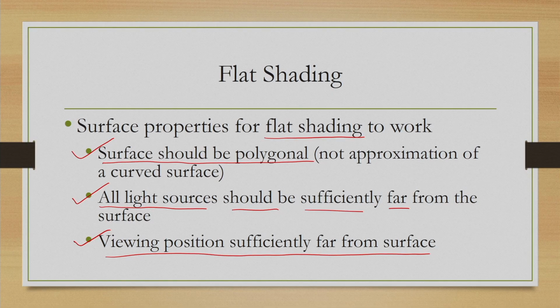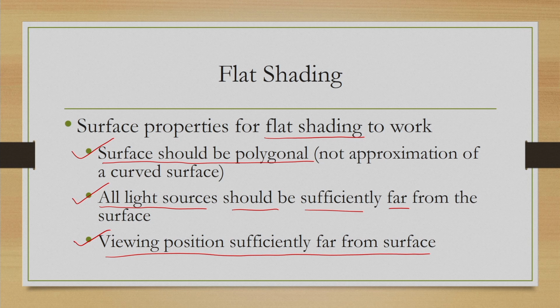I repeat again, in order to make flat shading work, three conditions should be satisfied. First, the surface must be polygonal in nature; all light sources should be sufficiently far from the surface; and the viewing position should be sufficiently far from the surface.